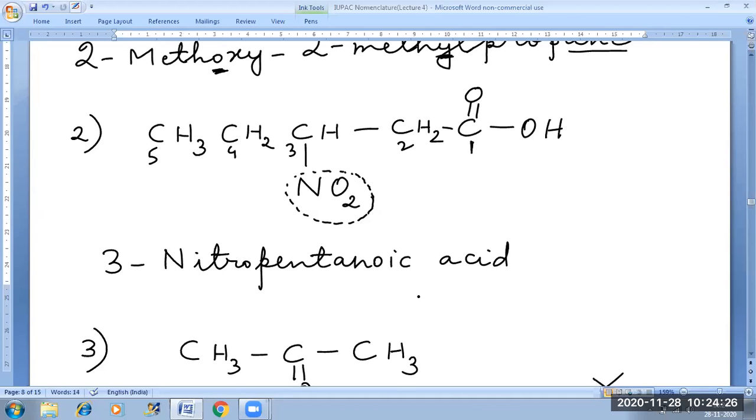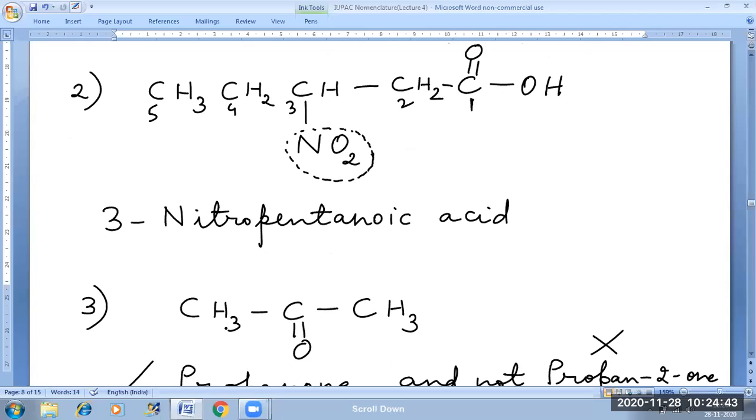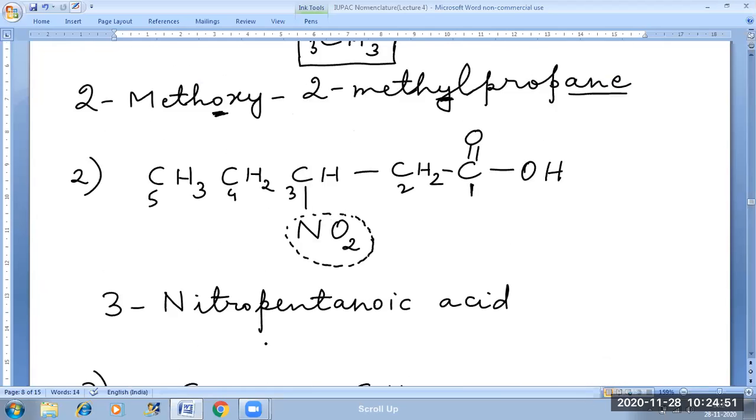Coming to the third one. Now, what is the group that's present? Can I say it is C double bond O? So what is C double bond O?